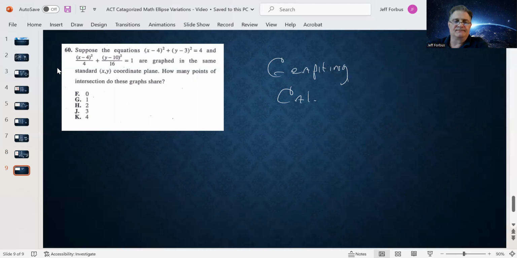And what you will find, they do not intersect anywhere. So the answer is going to be F. And I encourage you to do that because knowing how to use your calculator on this test is really important. Sometimes you don't have time to work everything out long-handed. And so you need to be able to use that calculator efficiently and accurately so that you don't make any mistakes with it. And that's why I'm leaving this one for you to graph on your own.